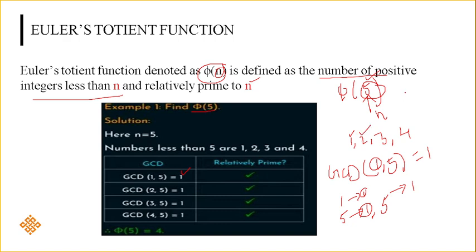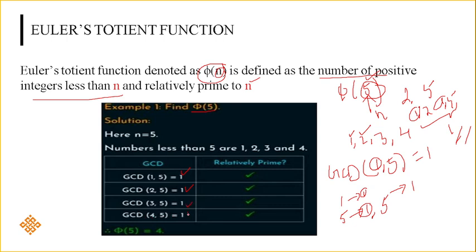Now let's go for the second one, the GCD of 2 and 5. The divisors of 2 are 1 and 2, and for 5 they are 1 and 5. The common one is 1, so the GCD of 2 and 5 is 1. Similarly, the GCD of 3 and 5 is 1, and the GCD of 4 and 5 is 1.